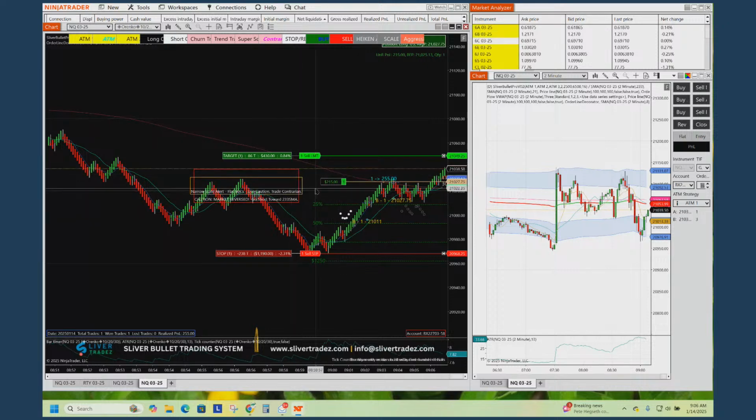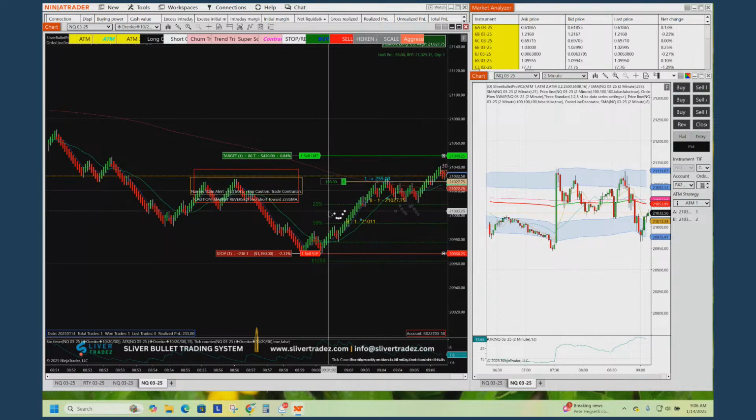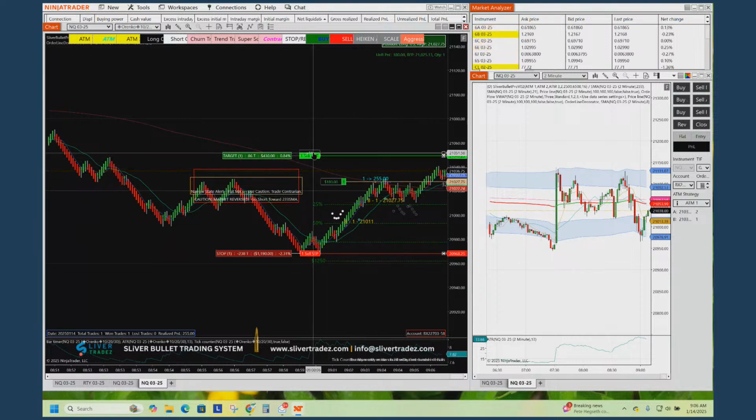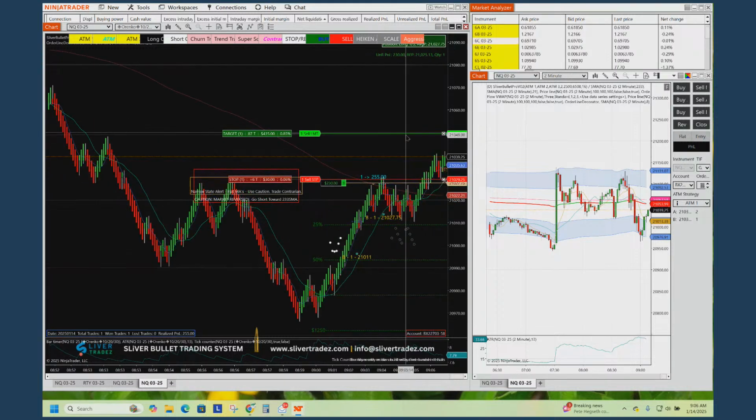The target filled, and it's going to go up to 53. So a couple more points. Maybe I'll keep it at 50. I move the stop to break-even level.